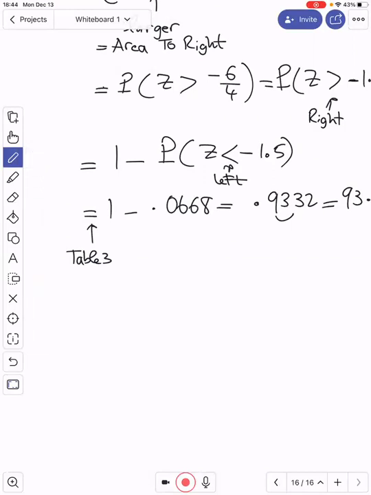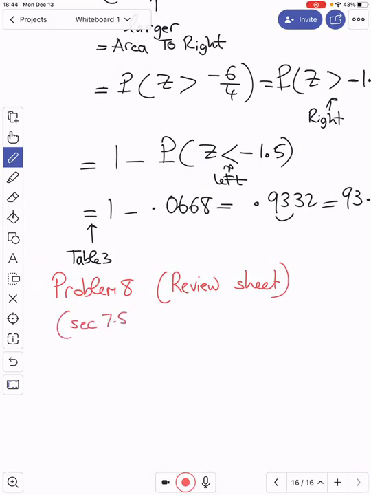This is the review sheet, because we didn't have a similar problem in the test. And as I said, 7.5 was not included in the test.